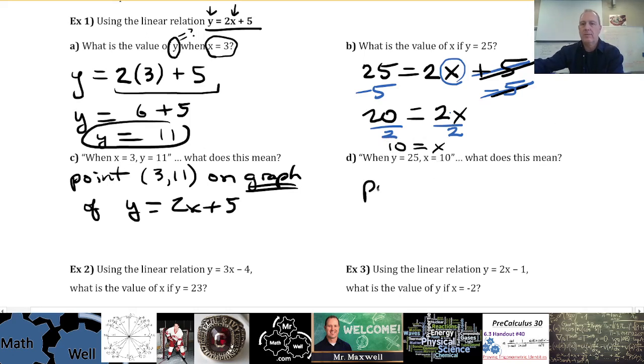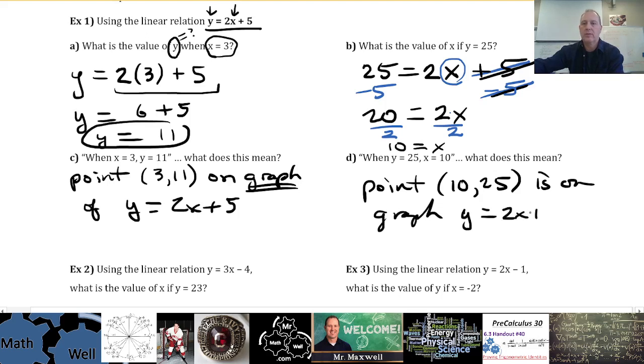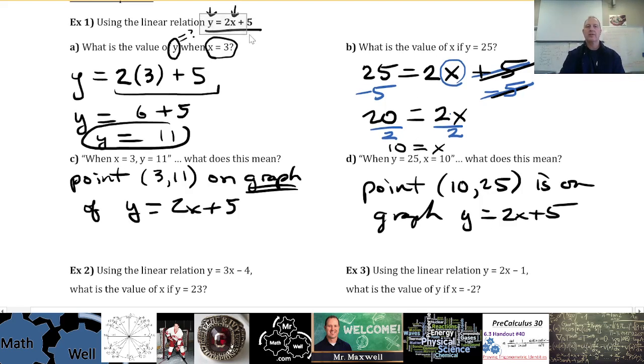Well, we could also say the point with x value 10 and y value 25 is on the graph of y equals 2x plus 5. And those are the values for x and y that satisfy the equation. Satisfy, that's the terminology that you'll hear: satisfy the equation.